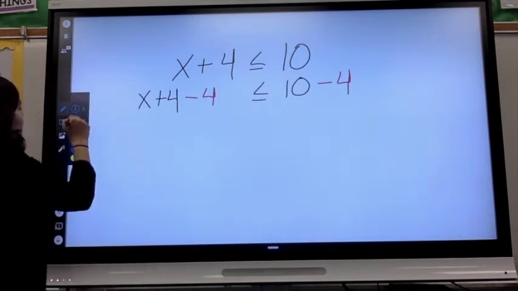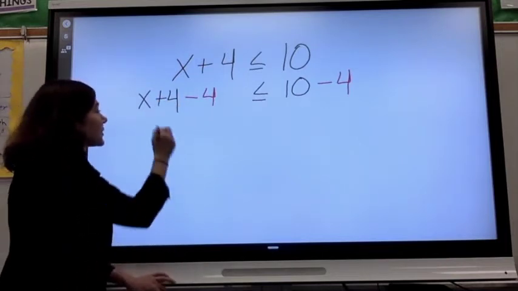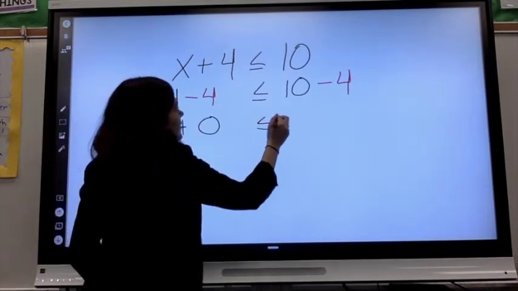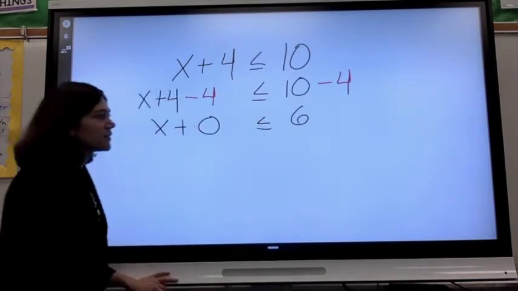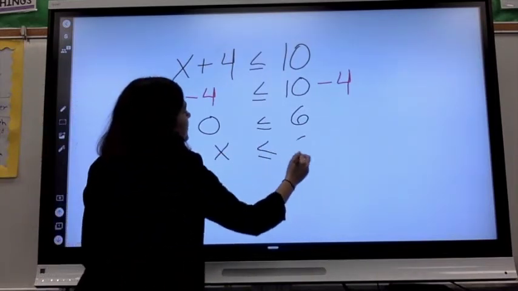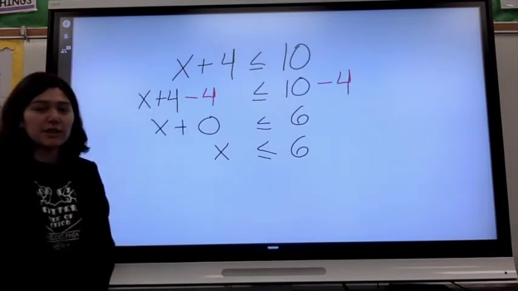When I have x plus 4 minus 4, that goes away. That's x plus 0 is less than or equal to 6, because that's what 10 minus 4 is. Thus I get x is less than or equal to 6. So we would say that is the solution to the inequality.